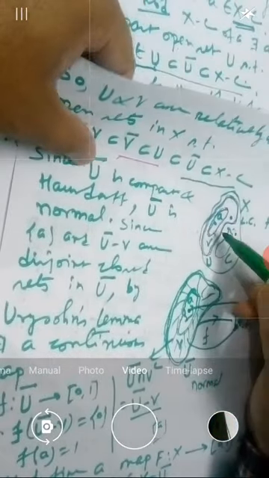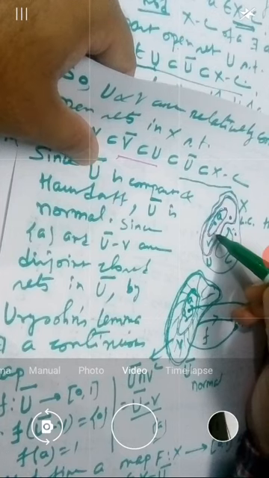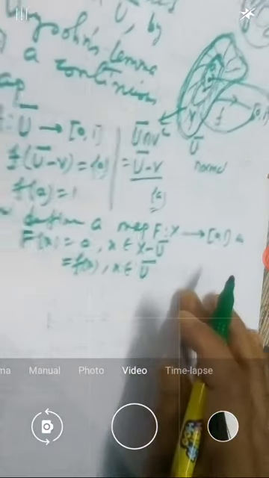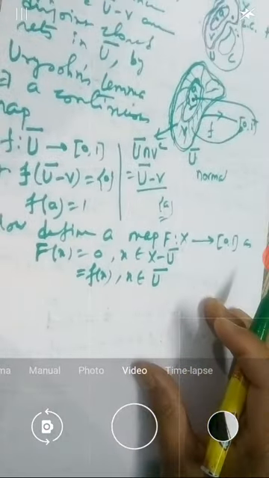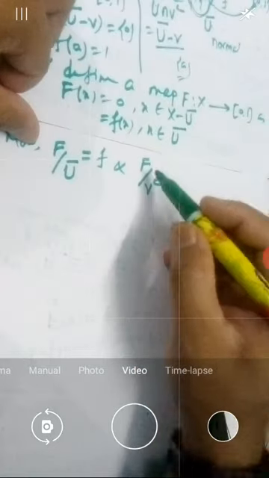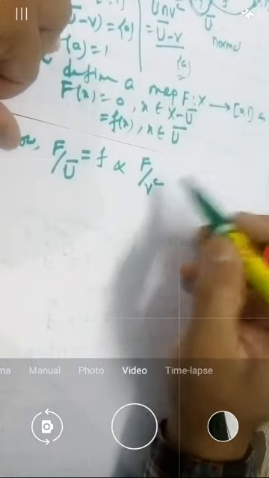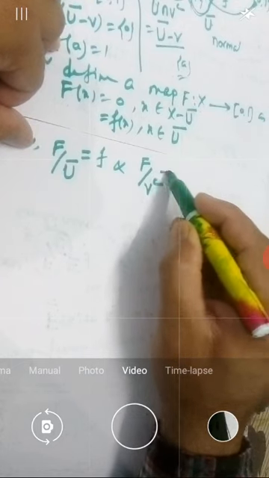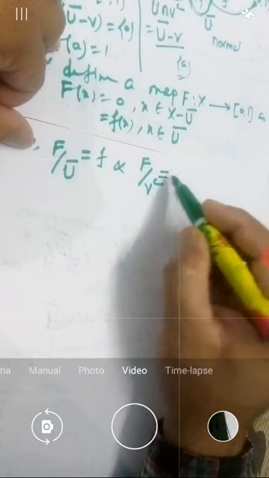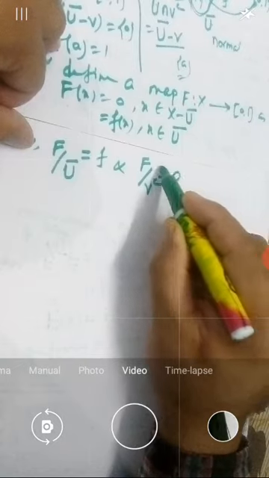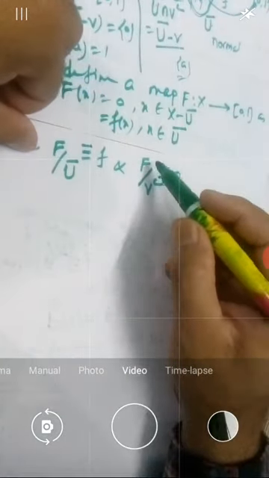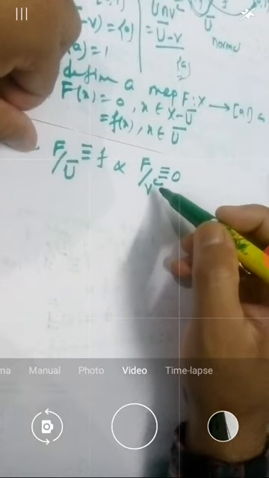So outside V, that is in the complement of V, this capital F is entirely 0. So it will be the zero function if we restrict this F within V complement, isn't it?